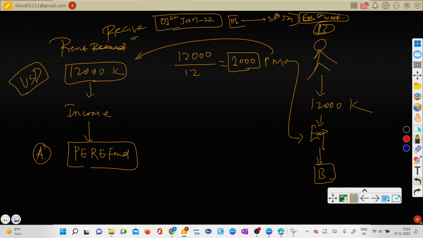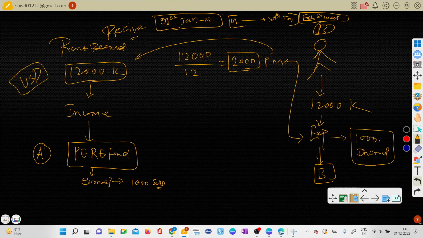What will we see? The private equity fund earned how much? 1,000 USD. And expense, if we see, incurred how much? 1,000 USD, right? But yet to pay.